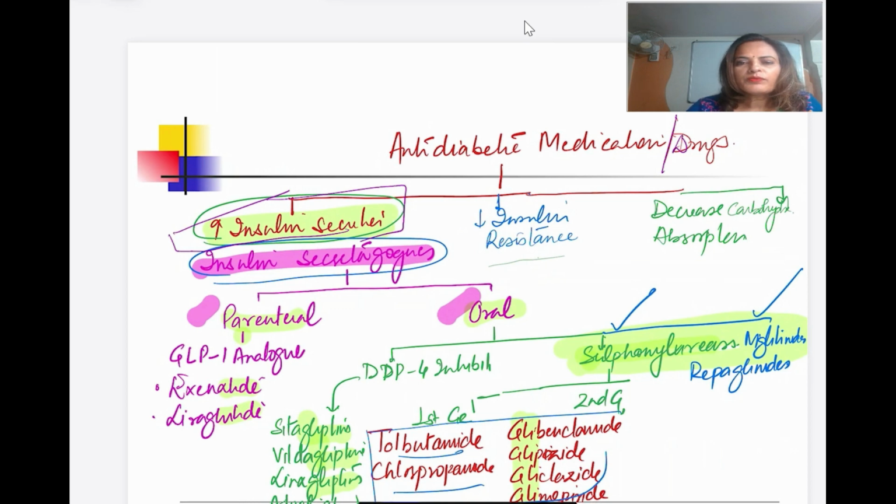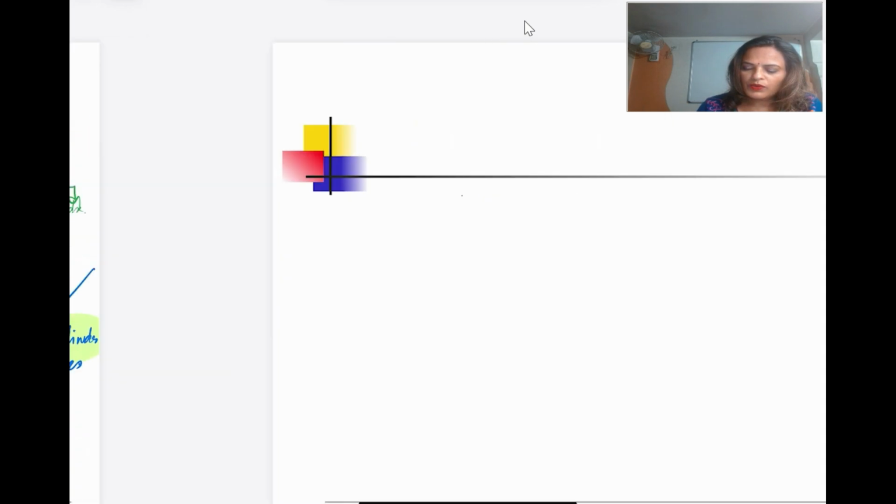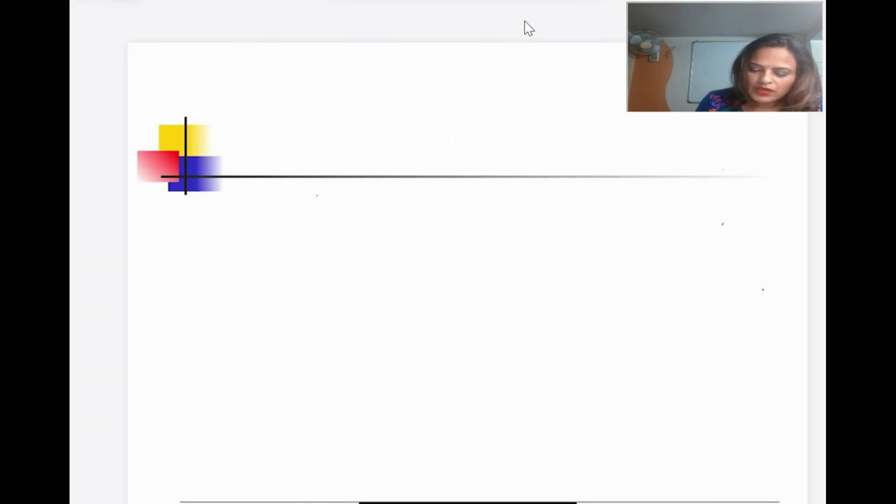Now the second group of drugs, which act by overcoming insulin resistance. So what all drugs come under that? Under this we have two groups of drugs.